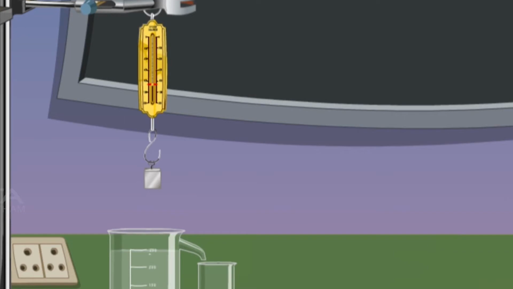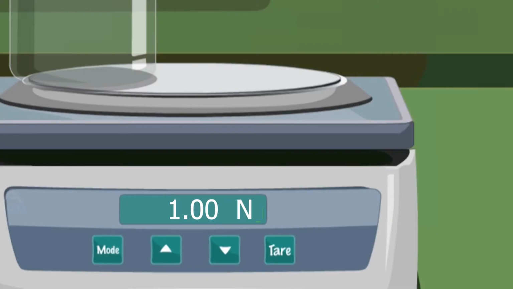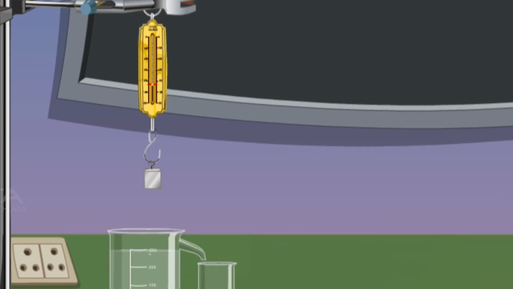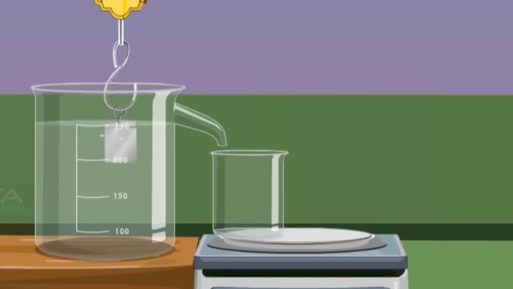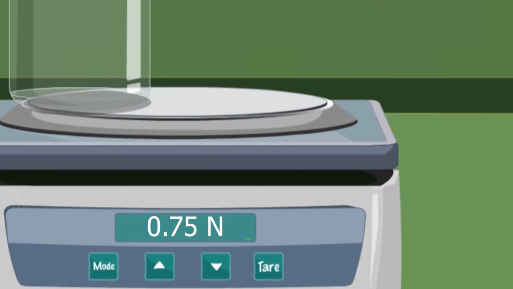Now we have a metal. What is the weight of the metal in the air? It is 1 Newton. Now I am going to immerse this metal in the water. The weight of the metal when immersed in the water is 0.75 Newton.